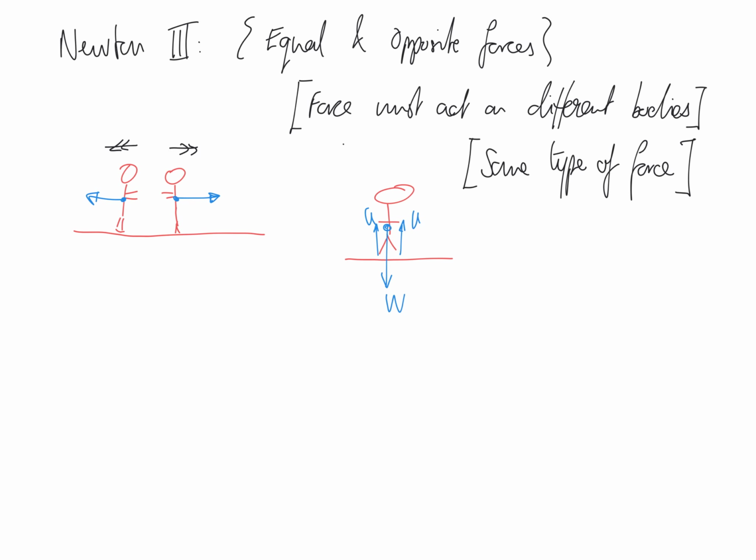In actual fact, what's happening is, if this is the Earth, there is a pull, because you're being pulled towards the centre of the Earth, you indeed are pulling the centre of the Earth up to you with the same amount of force, because here it is the same type of force that's important. It's on different bodies, it's equal in quantity, and it's in an opposite direction. So that is our Newton 3 pairing.